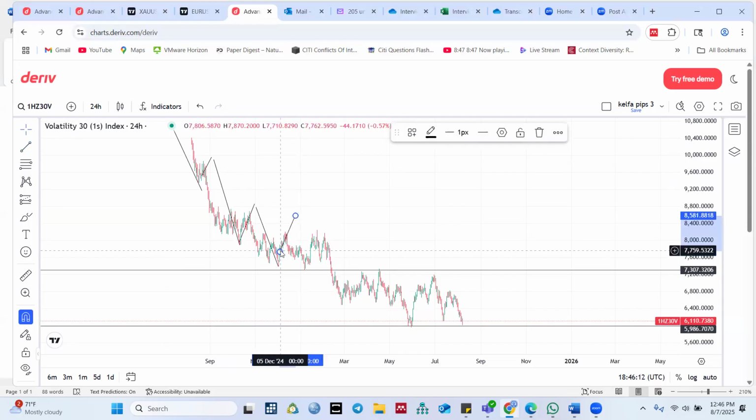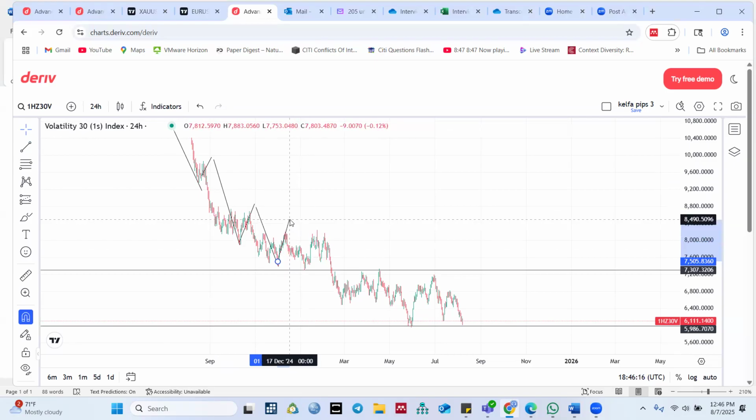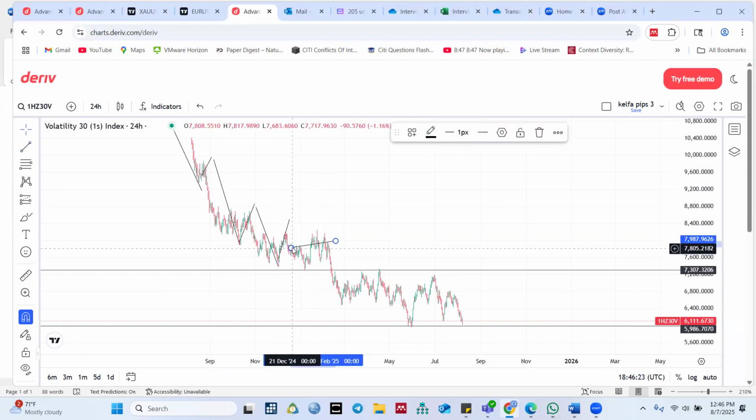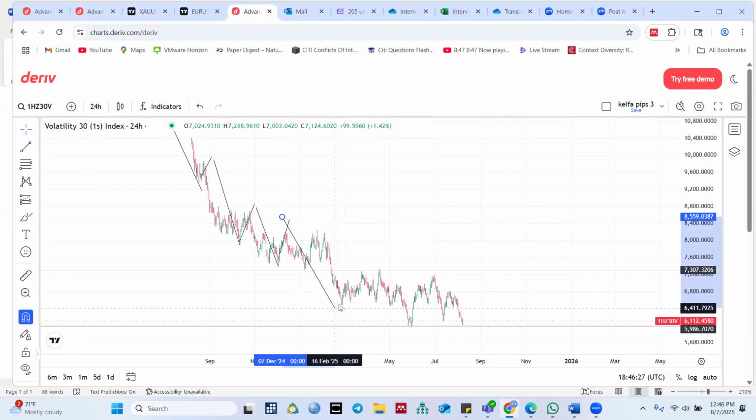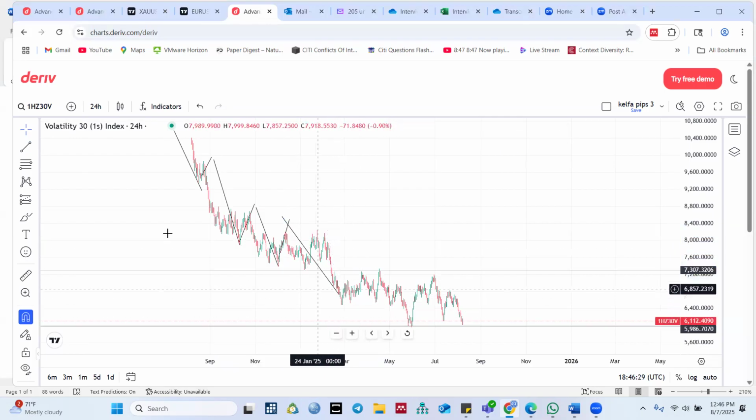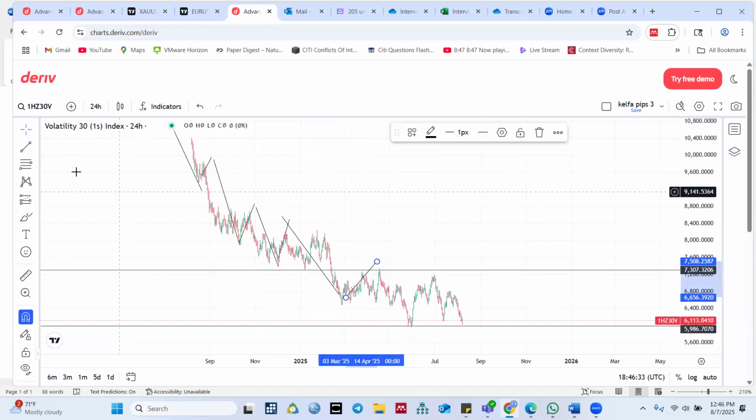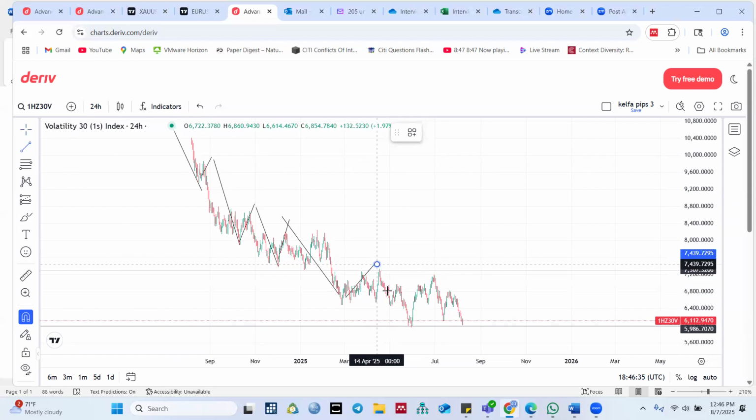When you see the market moving this way, you call it a bearish market. Then we see the market from here, and this is kind of like an equal high. So the market dropped into this area, and then we saw a push to this area, and finally the market drops into this area.